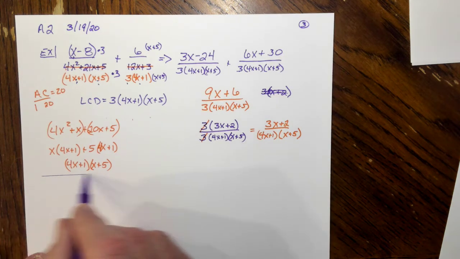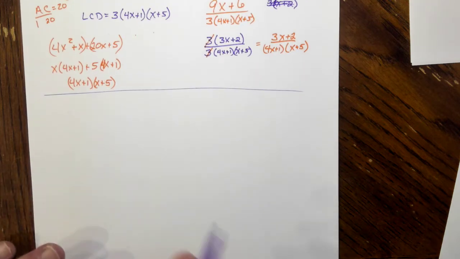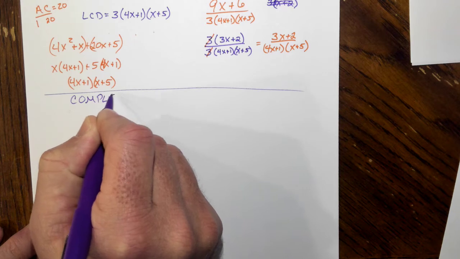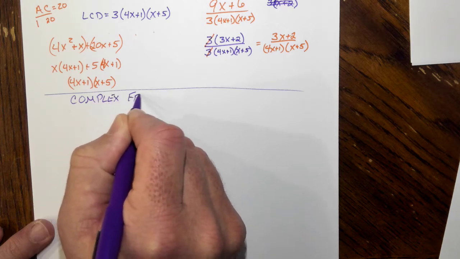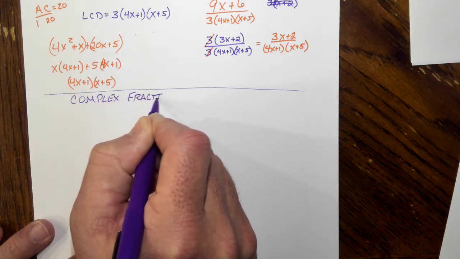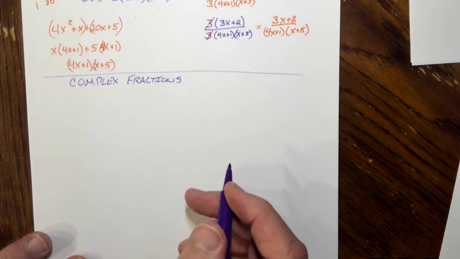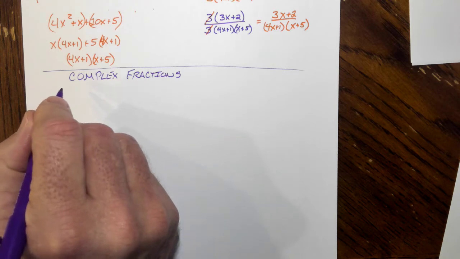They're called complex fractions, though, and there's something we need. Meaning, we've got fractions within fractions. So let's look at this first example.